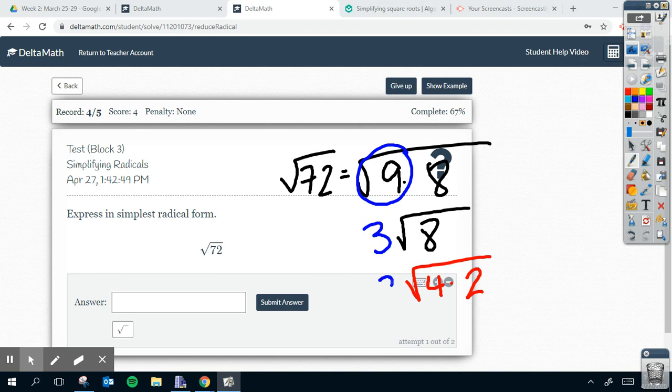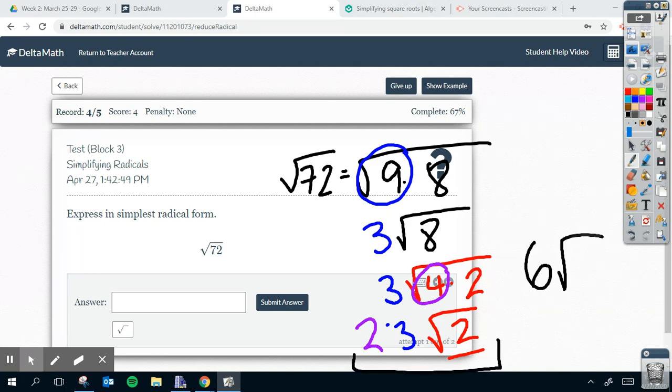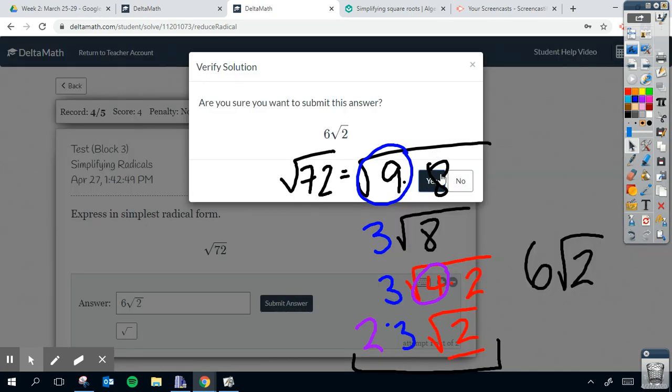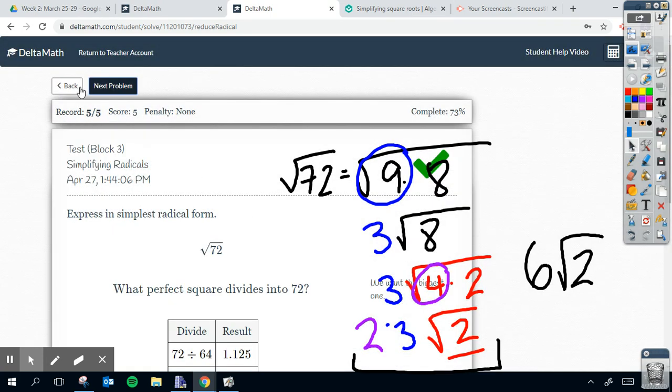And don't forget the 3 on the outside. This is a perfect square, and it equals 2. So the 2 can be moved to the outside. I rewrite everything else. The 2 remaining in here can't be reduced anymore, so this is my final answer after I simplify it. 2 times 3 is 6, and I keep the radical with a 2 underneath it. And that's how you do the second one.